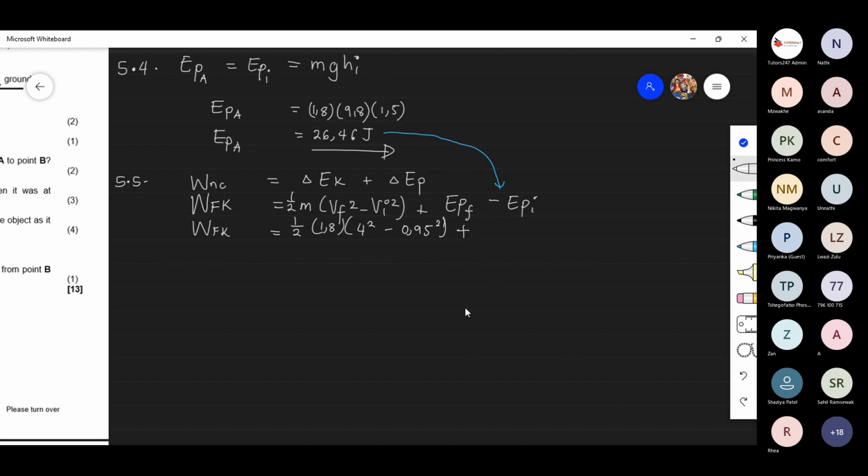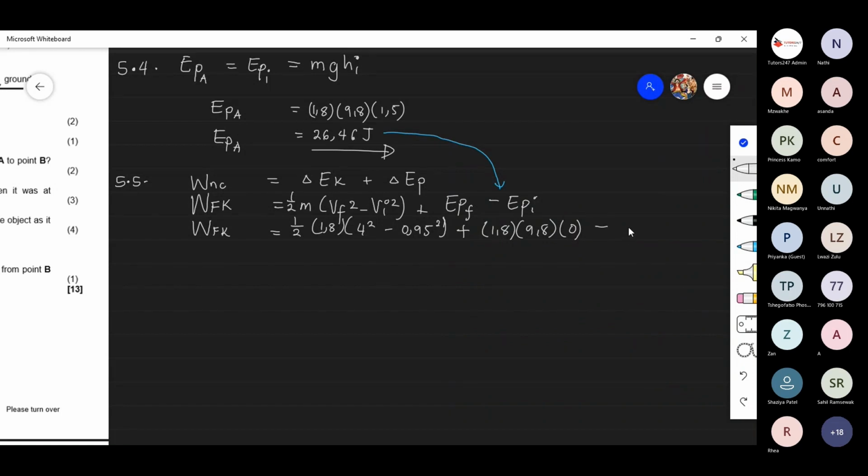Now, my final potential energy can be broken up into the formula mass times gravity times H final. So let's quickly sub that in. This is going to be mass, which is 1.8, times gravity, which is 9.8, times H final, which was 0, because at point B, which is our final point in this case, our object is on the ground, therefore the height above the ground is 0.